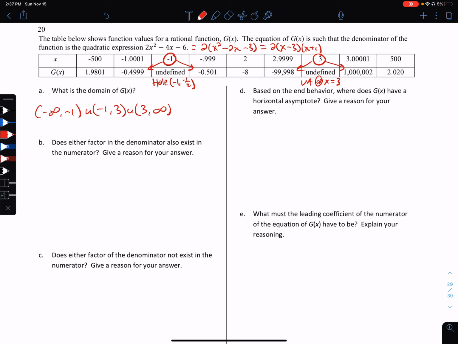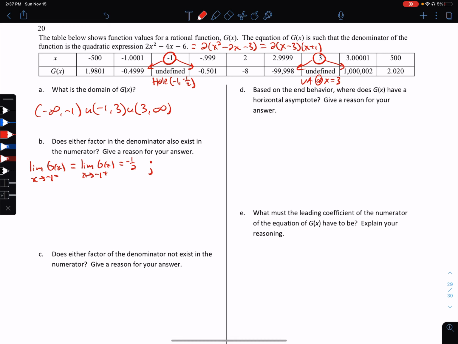So let's first discuss how we know there's a hole. The limit of g of x as x approaches -1 from the left is equivalent to the limit of g of x as x approaches -1 from the right, and we believe that's -1/2.